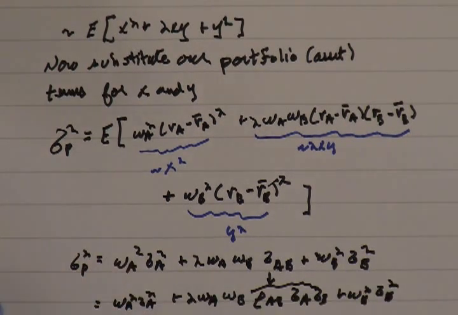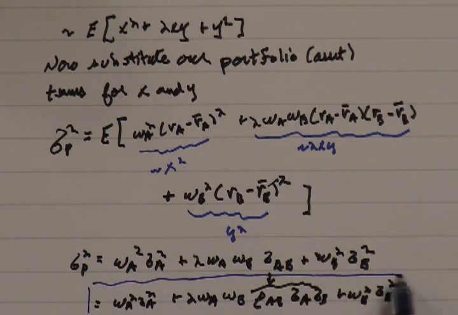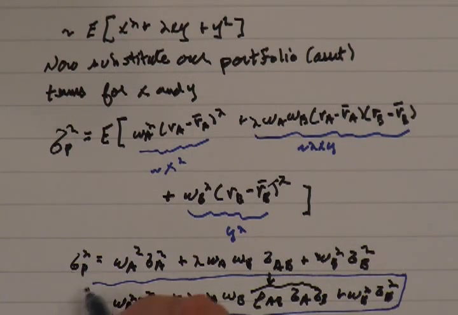Now we have it in terms of the correlation coefficient, so we can tell what happens for different values of the correlation coefficient.